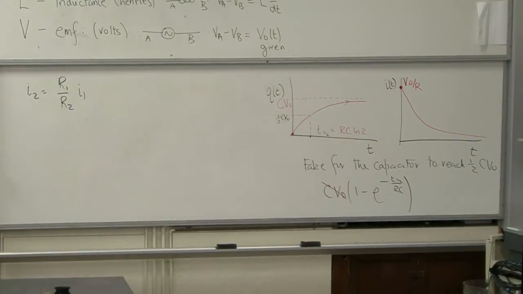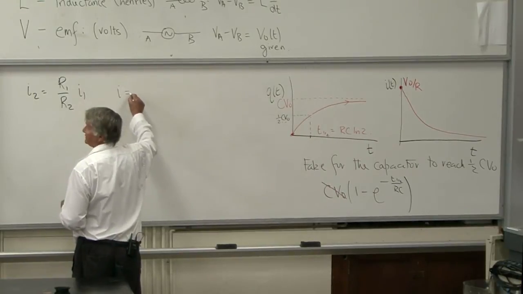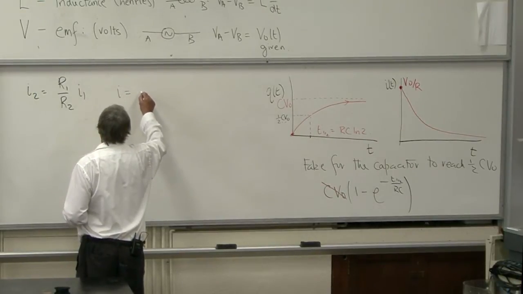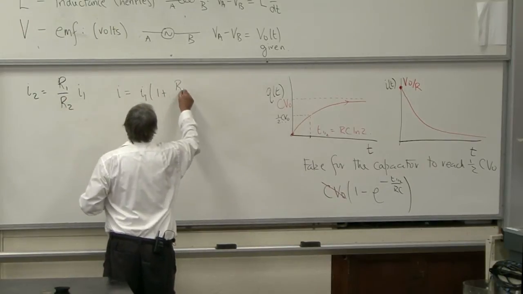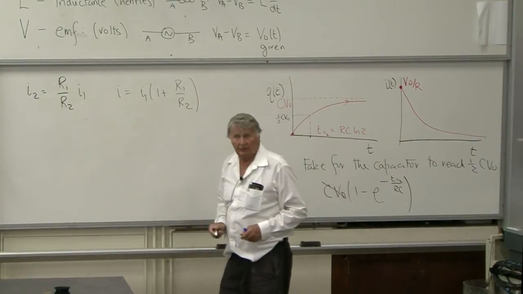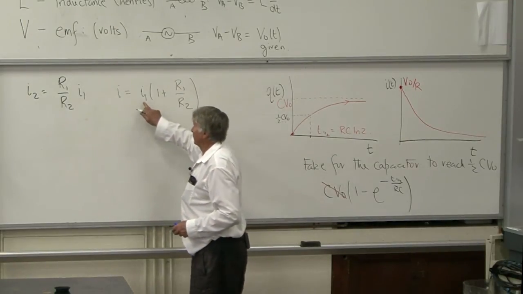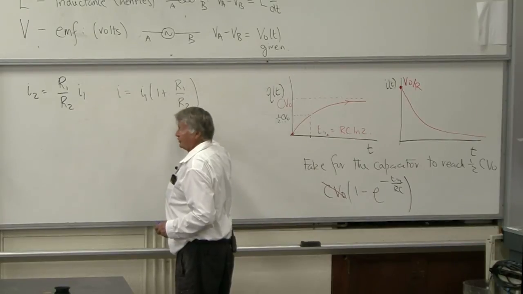Now let's go to this equation and find everything in terms of I. This equation gives me I equals I1 times (1 plus R1 over R2), because I2 is R1 I1 over R2.